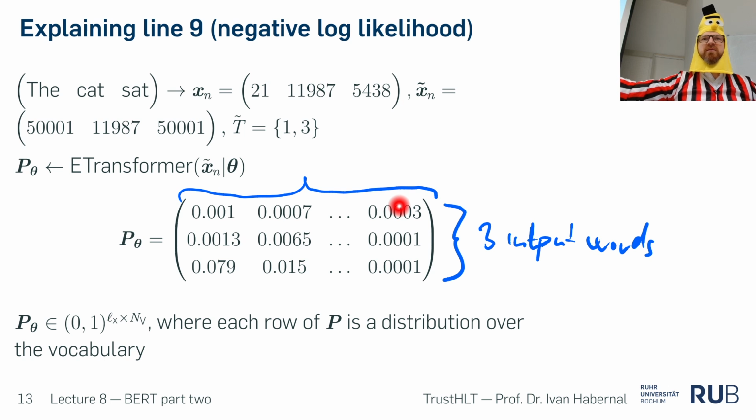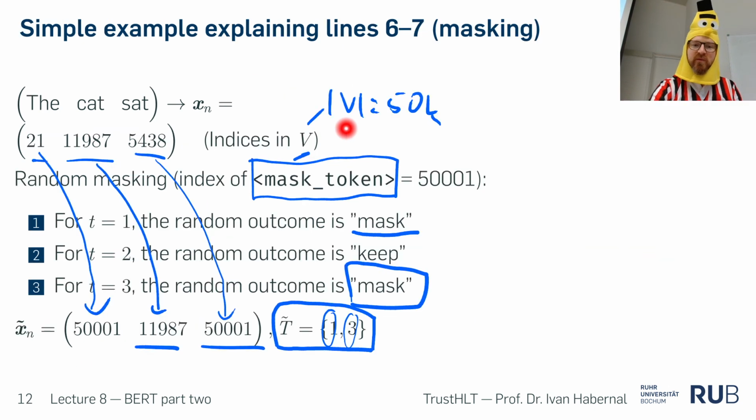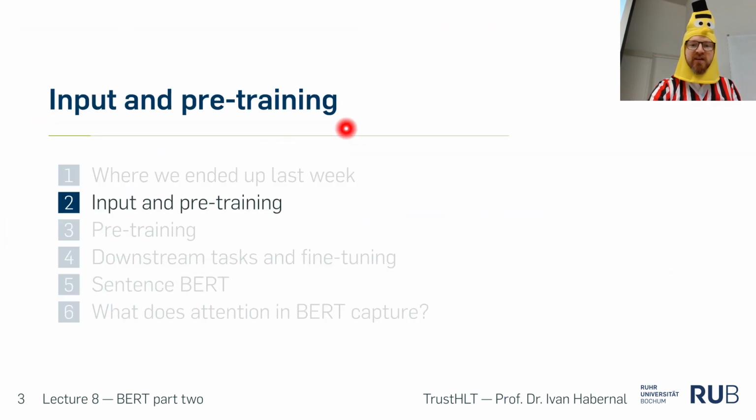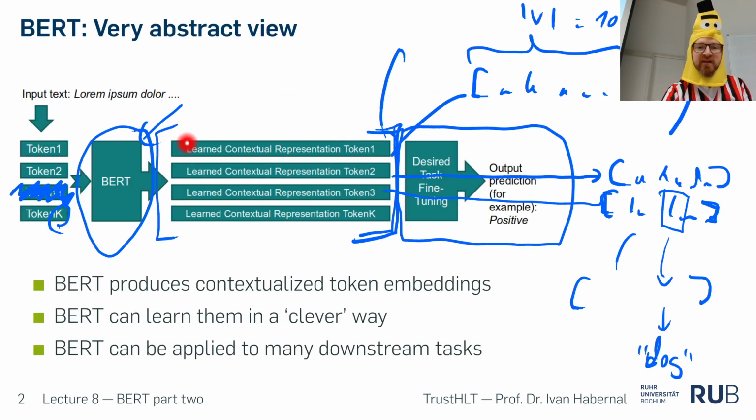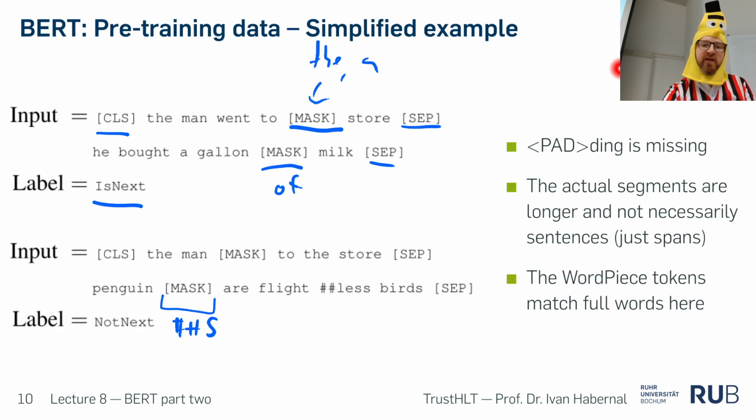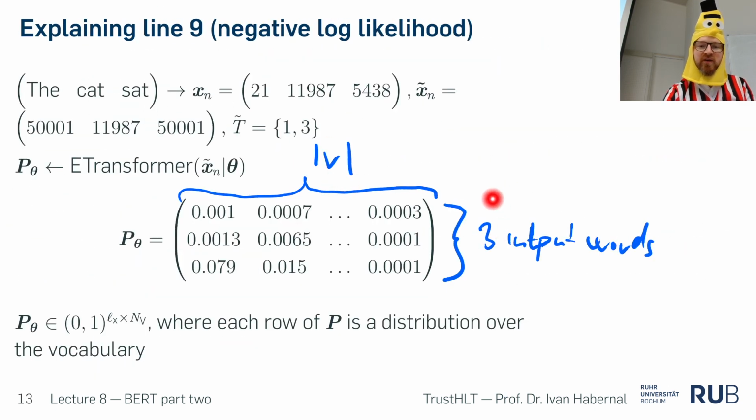This is the size of the vocabulary, exactly. Because we're projecting each token representation back to the vocabulary, and this is how we get a matrix. I made it here separately for each row, but it's actually a matrix, a bunch of vectors after each other. So for each token, we now have a probability distribution over the vocabulary, and the size, of course, is the size of the vocabulary.